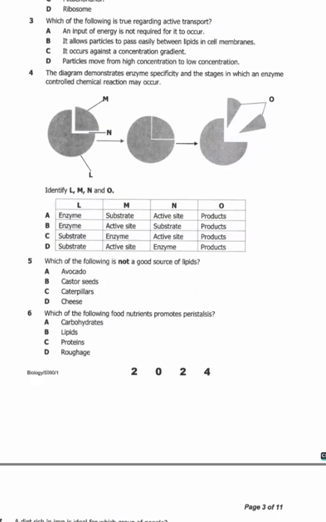O is called the products. They can also ask you to give the function of N, the active site. The function of the active site is just the site where the enzymatic chemical reaction occurs.